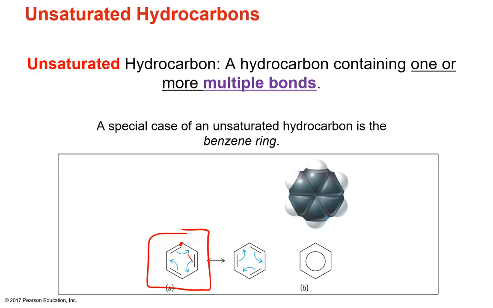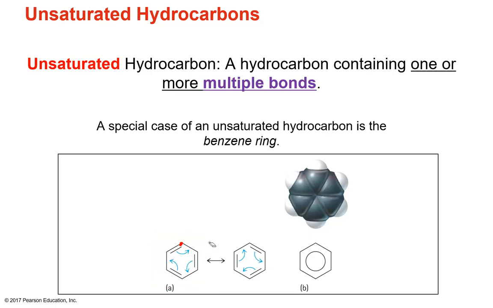Well, how many bonds can a carbon have? Four. How many does it show in the picture? There's three, because this is a double bond. That's two bonds. So it has three carbon bonds. So how many hydrogens remain then? Just one, because four minus three is one.